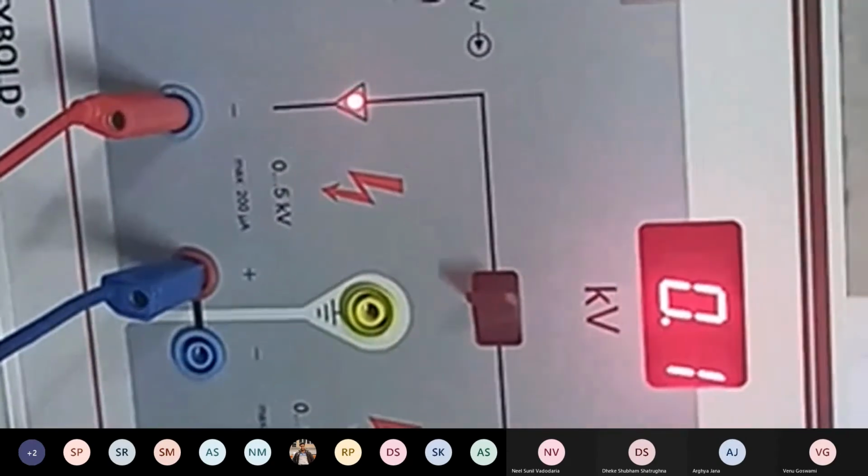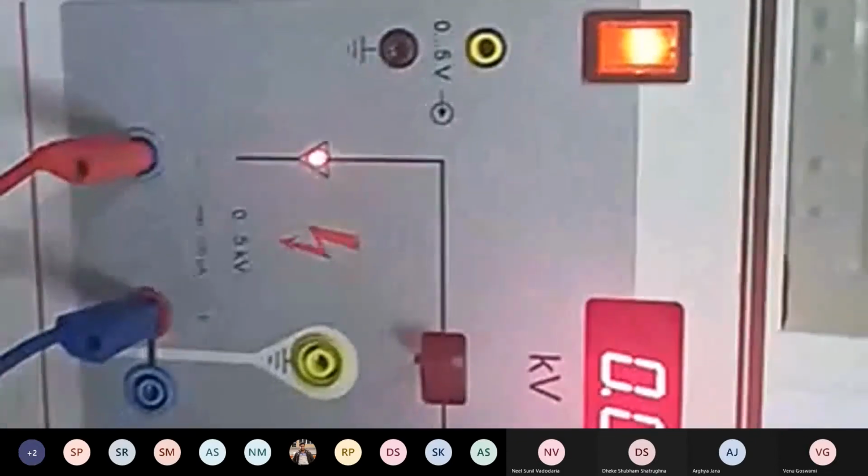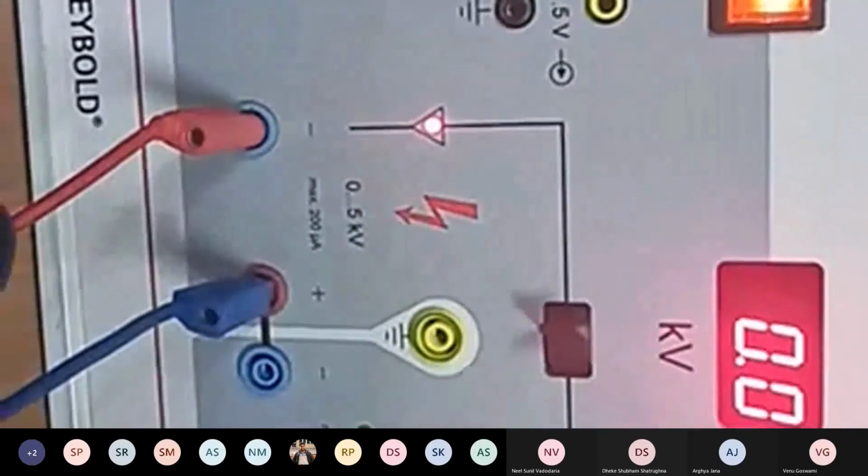Now we'll increase the voltage and see the pattern.